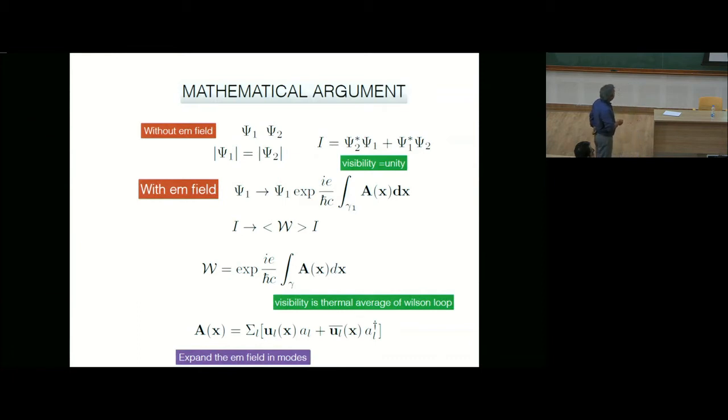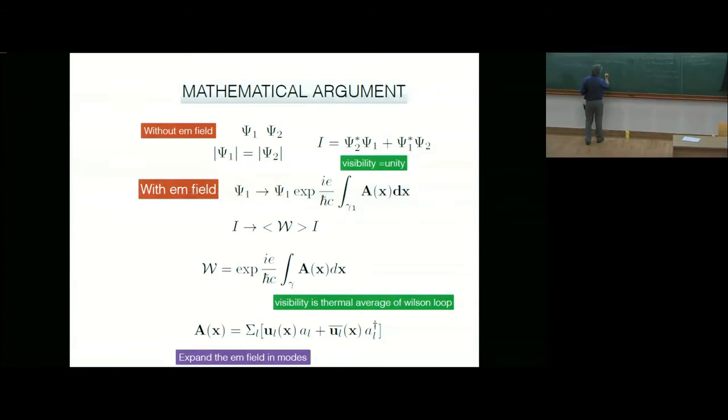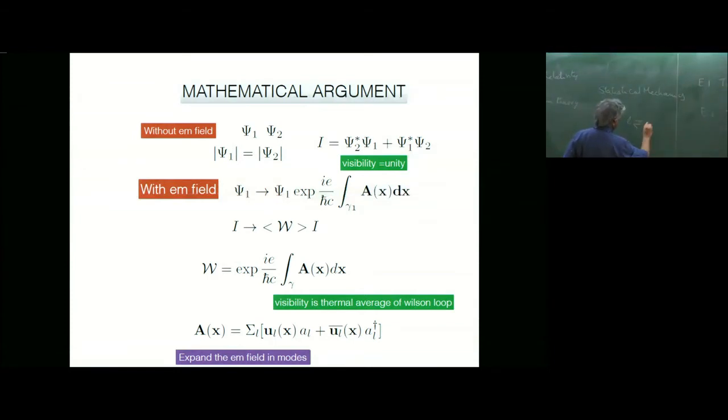And L corresponds to K vector and the polarization, if you're talking about a Minkowski observer. And it's something more complicated: there's an omega and a transverse K and also a polarization if you're talking about the Rindler observer.